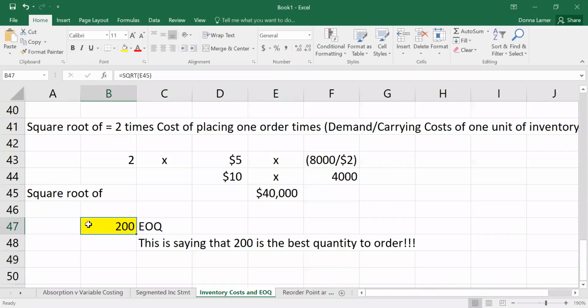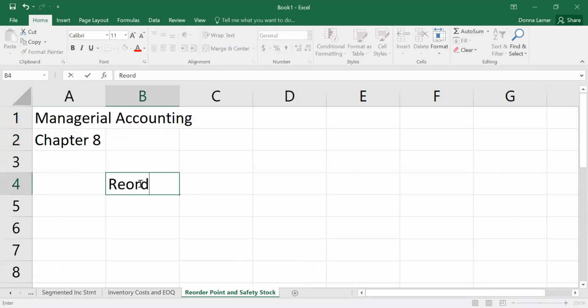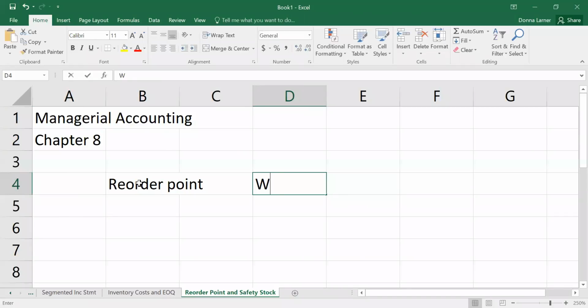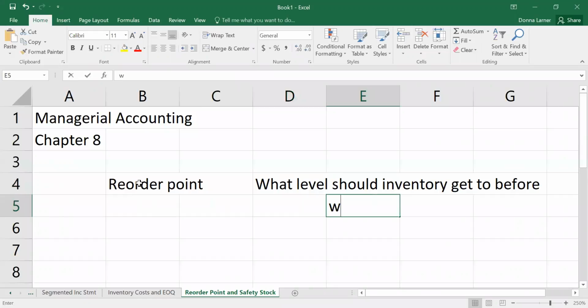So you'll be working on finding economic order quantities. The last thing relates to it, and it's reorder point and safety stock. Okay, this one is something we do in our own lives all the time.